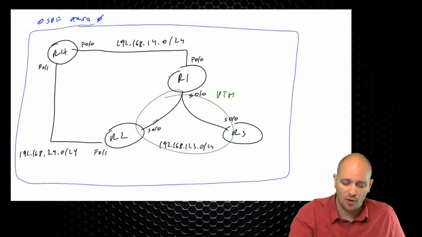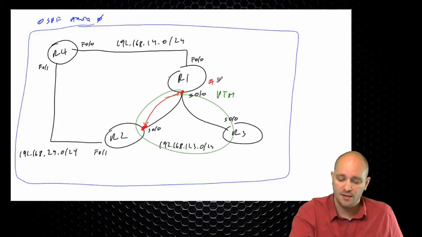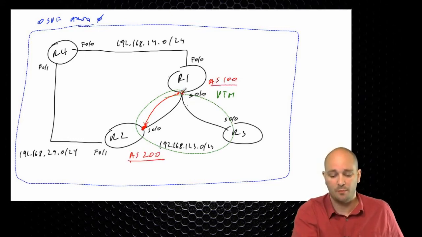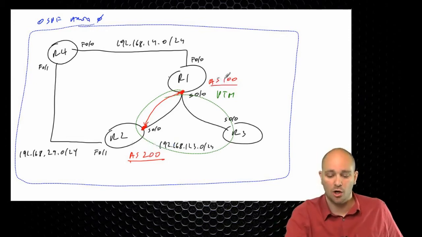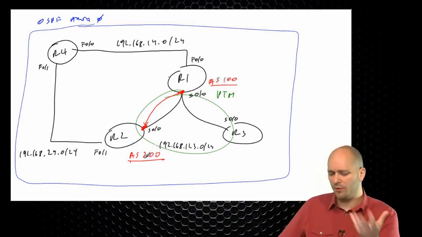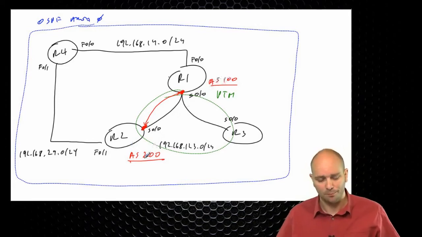Now, the next requirement is to configure BGP peering between R1 and R2, where R1 is in AS100 and R2 is in AS200. So I need to have a peering between these directly connected interfaces when these two are in different autonomous system numbers. Now, you might be asking yourself, why would anyone do this? And that's irrelevant. This is what the lab is asking you to do.